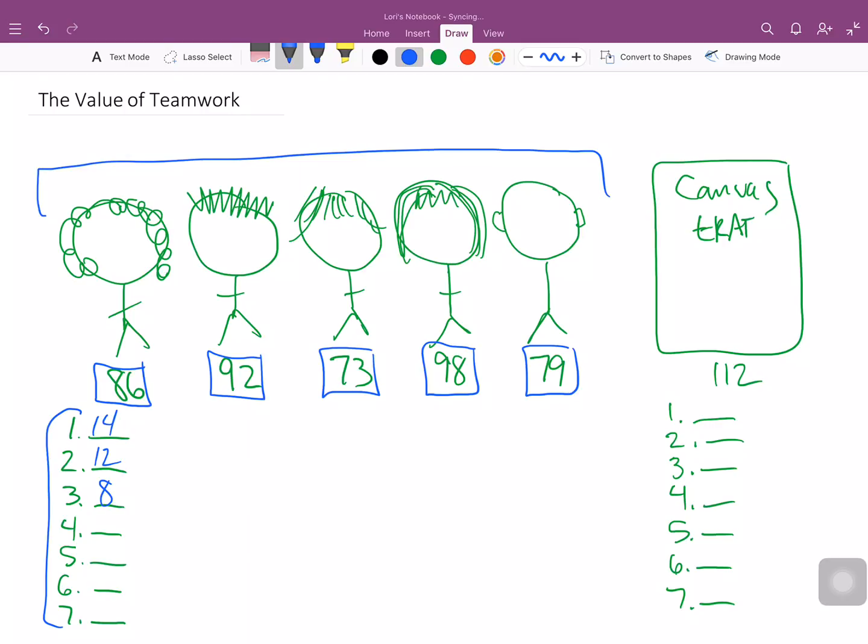Given those 5 different scores, we could add them all up and divide by 5, and that would be the average for your particular team. We could find the low team score and the high team score. Those are the individual cumulative.